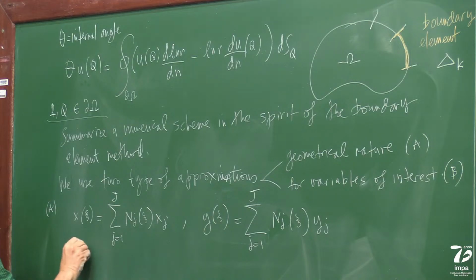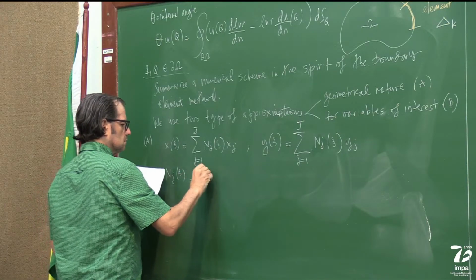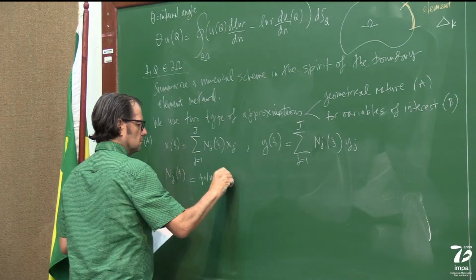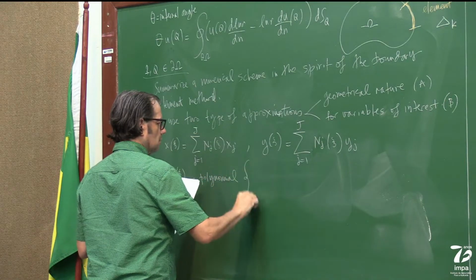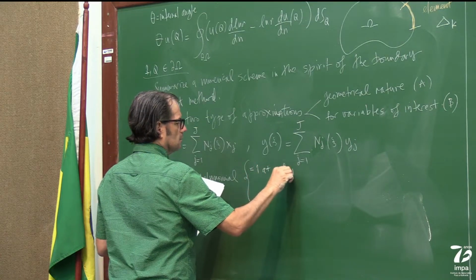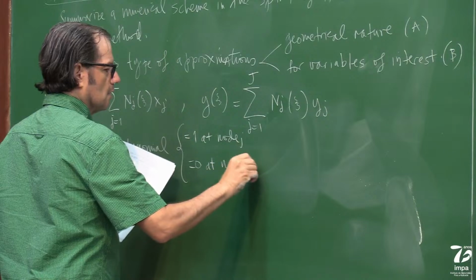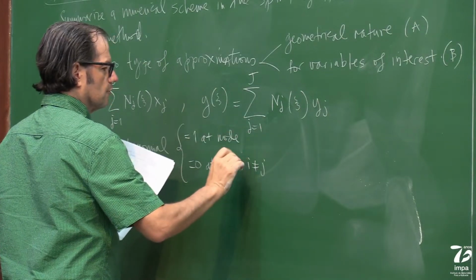Where N_j is a polynomial that we want to be equal to 1 at node j and equal to 0 at nodes i different from j.